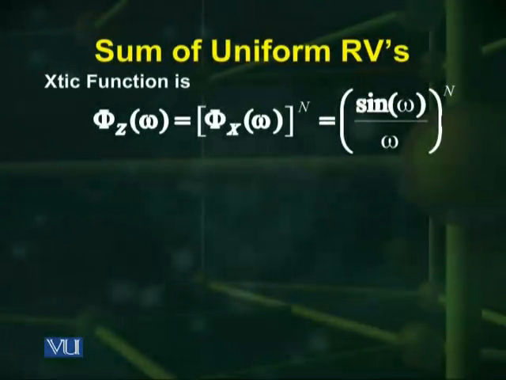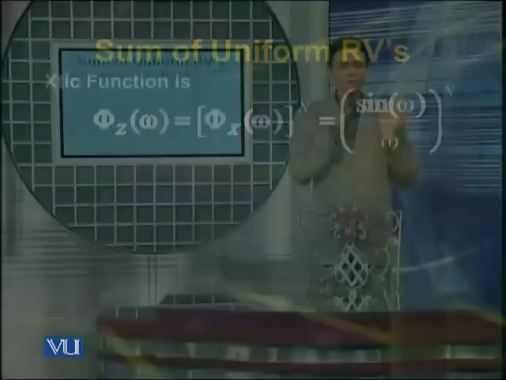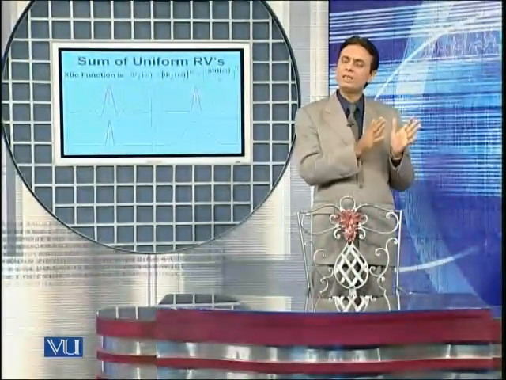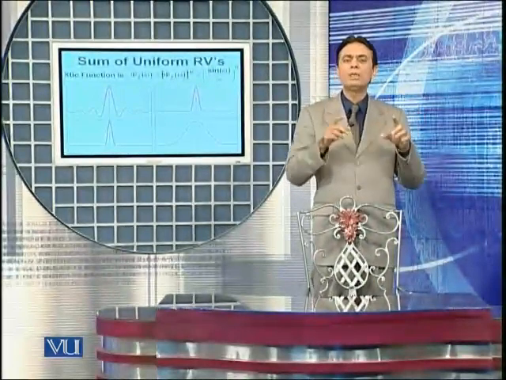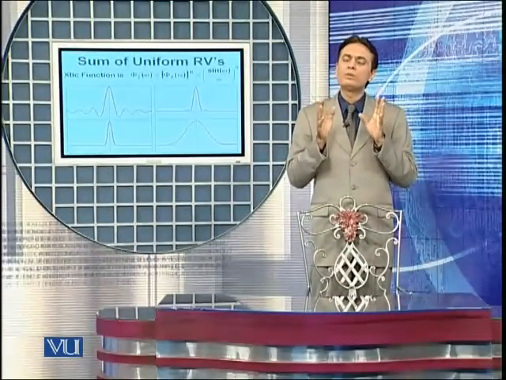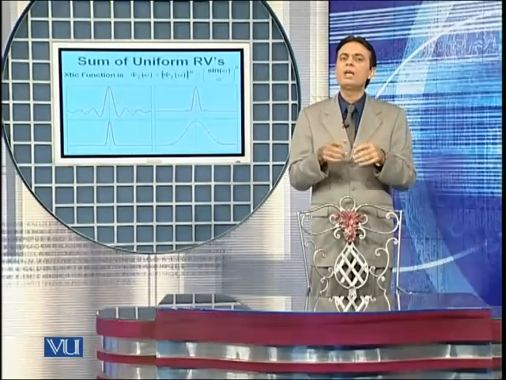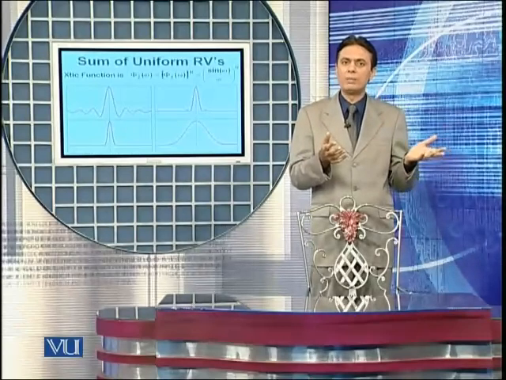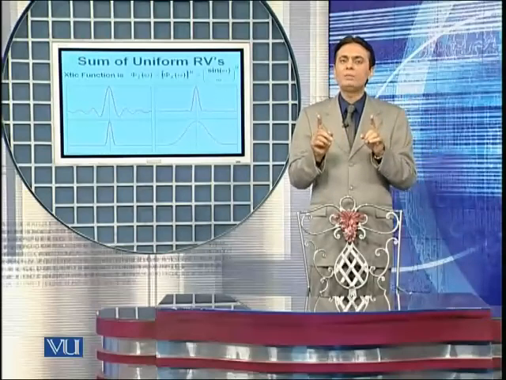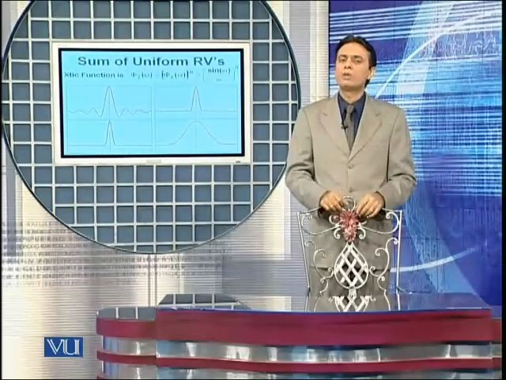If sine omega over omega is the characteristic function of one of the collection of uniformly distributed random variables, then if we define a random variable z, which is the sum of a few of them, then the characteristic function of z will be the nth power. N is the number of uniformly distributed random variables that are added to get z. So the characteristic function of z will be the nth power of sine omega over omega.